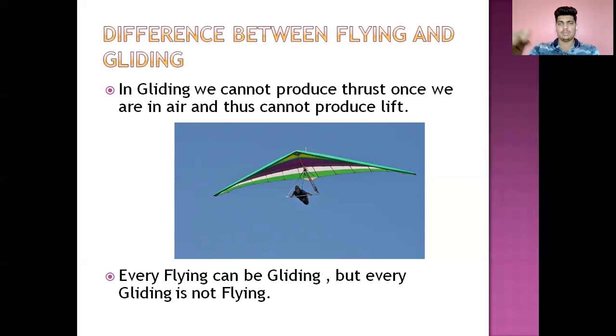So once we are going down, it will always go down and never generate thrust to go up. And now here's a very important line: every flying can be gliding, but every gliding cannot be flying.